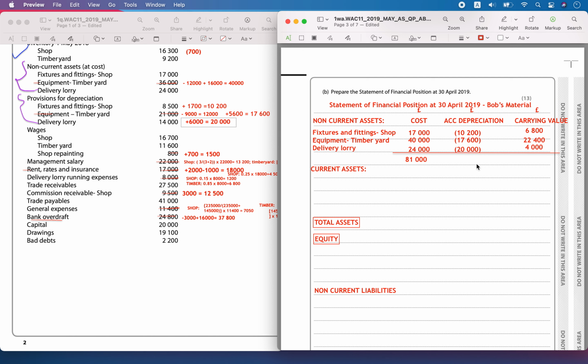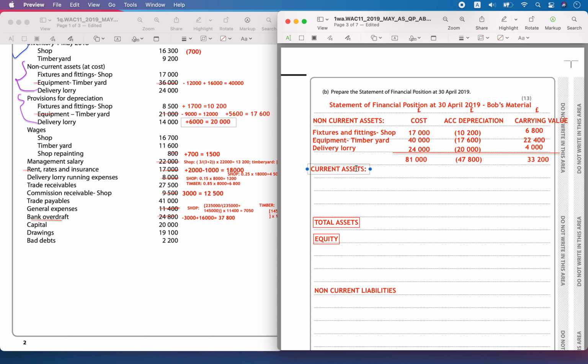Then the accumulated depreciation total: 10,200 plus 17,600 plus 20,000 is 47,800. So the carrying value will be 81,000 minus 47,800, which is 33,200. This is the non-current assets.